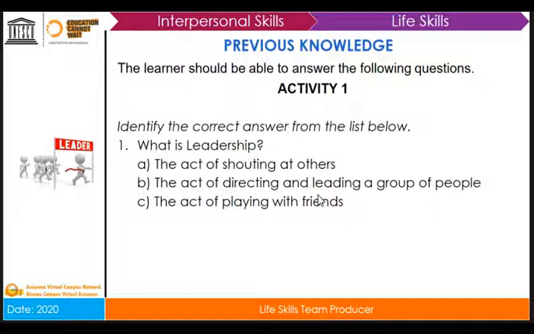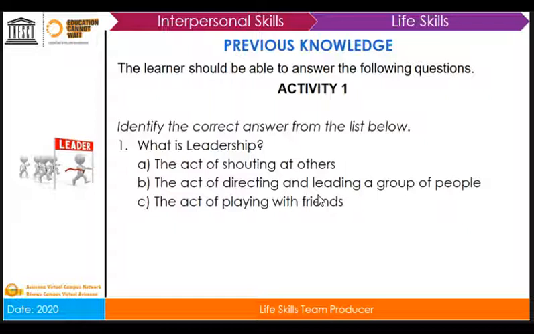Before we proceed, I want you to answer the following question. The instruction is: identify the correct answer from the list below. Question: what is leadership? A. The act of shouting at others.